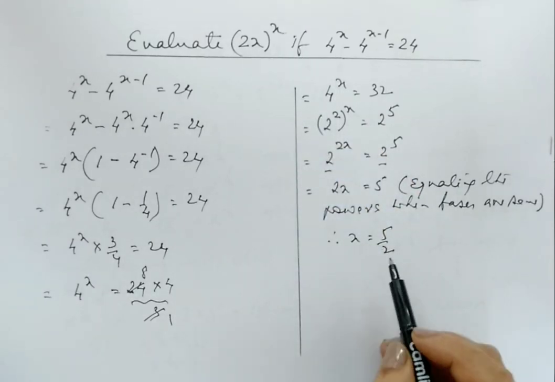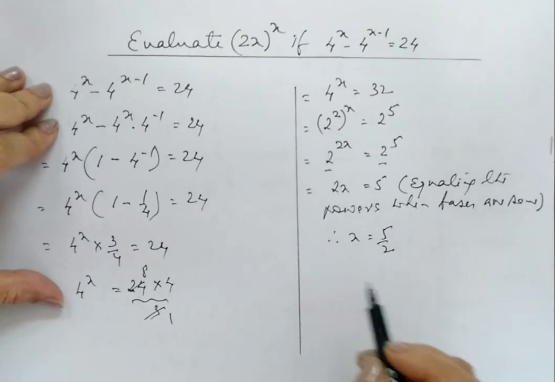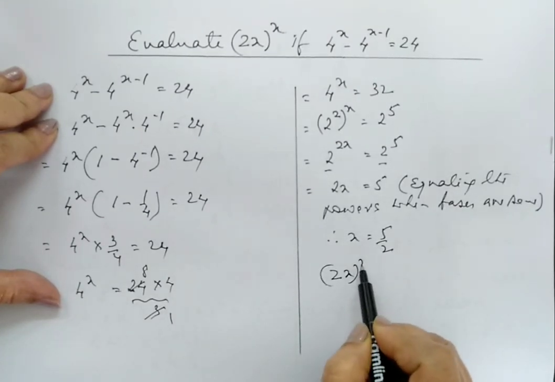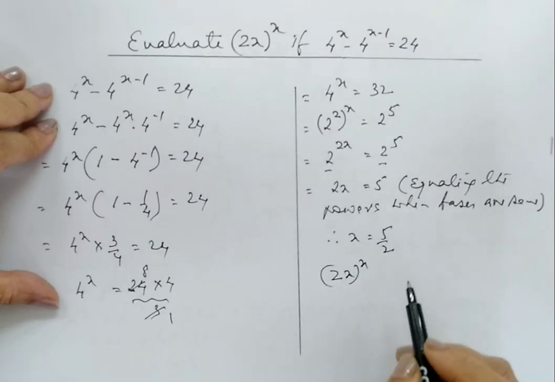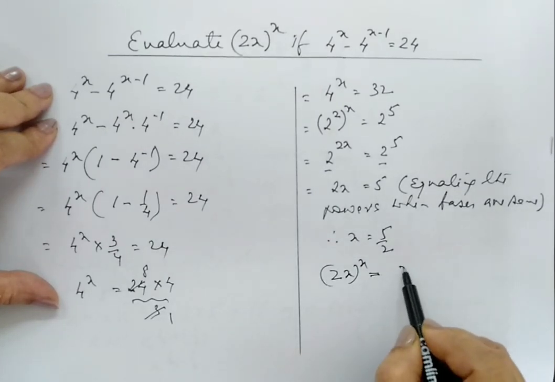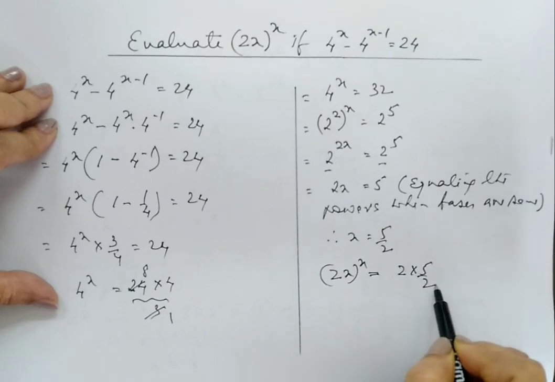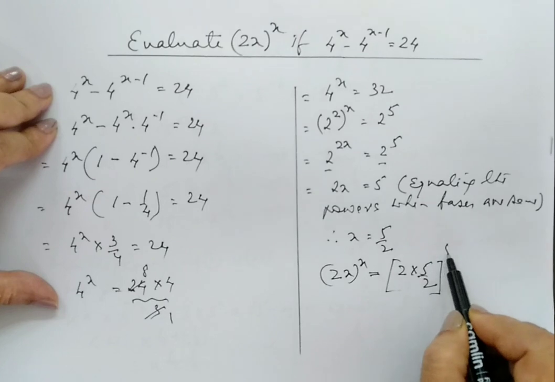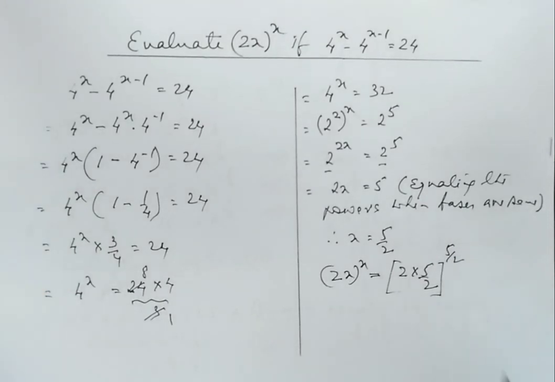So in that case, how do we go? Let's write 2 to the power 2x to the power x can be written as 2 multiplied by 5 by 2. Alright. And then we have x to the power 5 by 2.